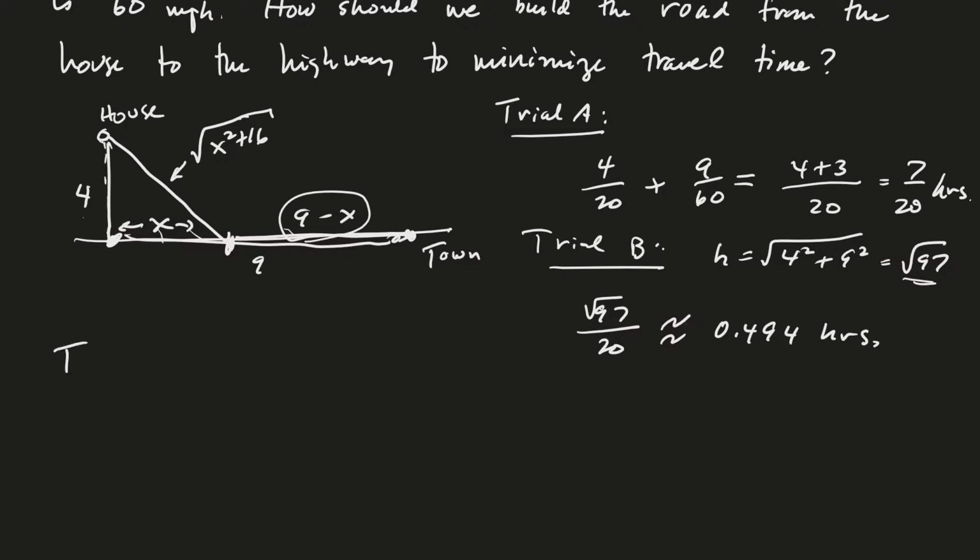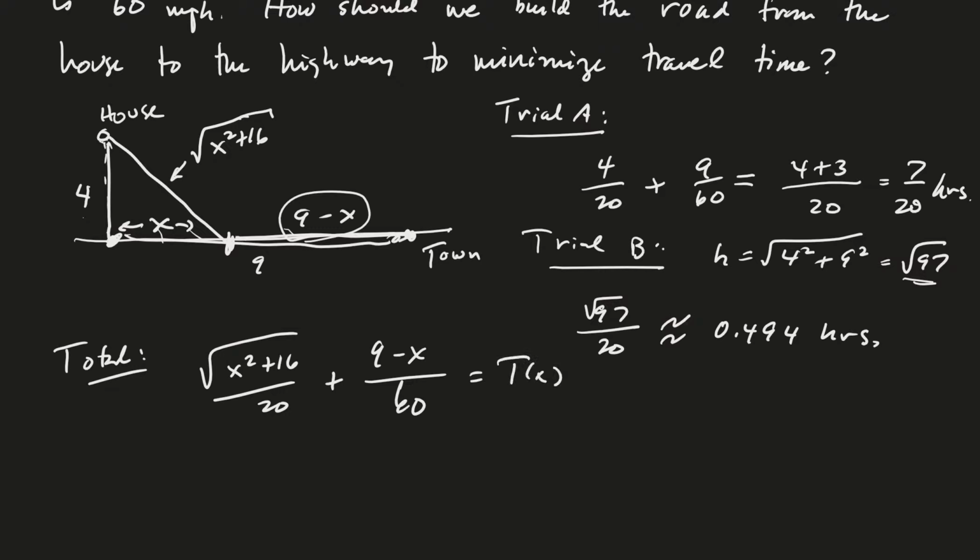So the total time traveled now is the square root of x squared plus 16 divided by 20, plus 9 minus x divided by 60. Let's call this t of x. And remember that x is running from 0 to 9.